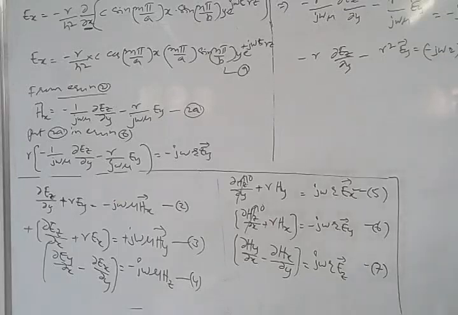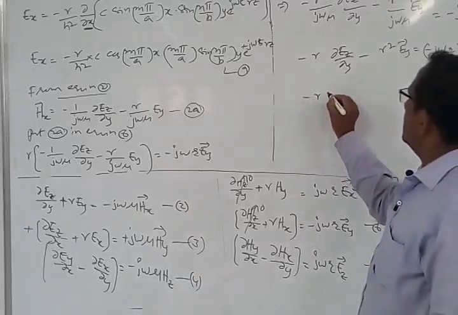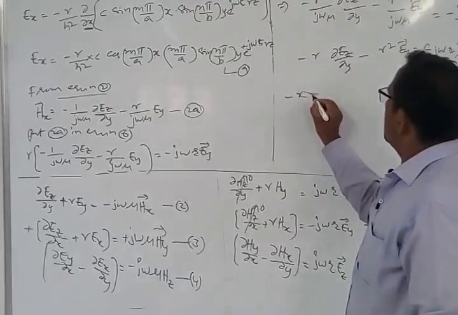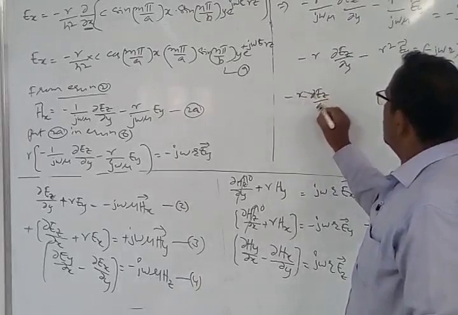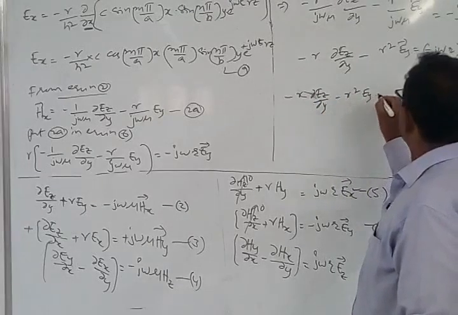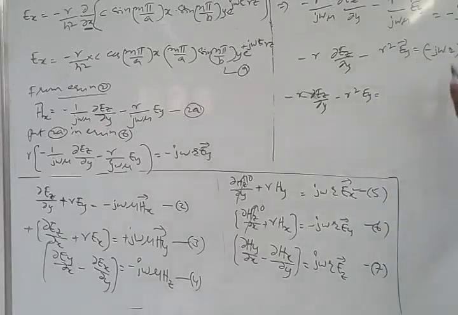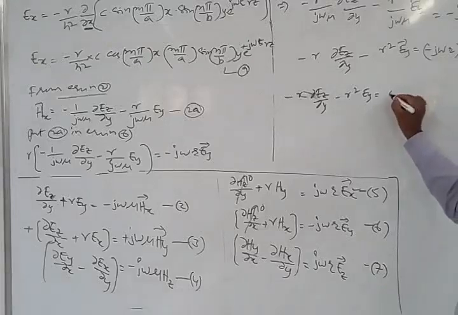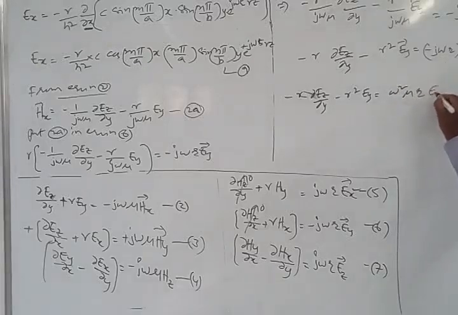So this is what I will be having here, right? So minus gamma ∂Ez/∂y minus gamma square Ey is equal to, this is j into j square is minus 1, minus into minus plus. So I will be having here omega square mu epsilon Ey. This is the component I will be having.